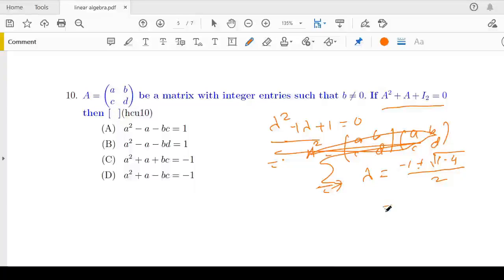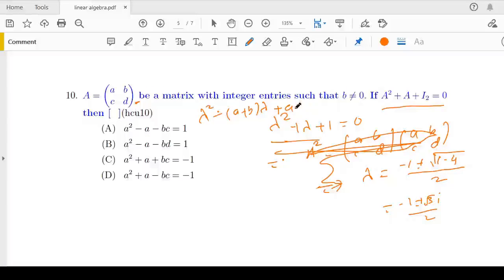Therefore lambda is equal to minus 1 plus or minus root 3 i by 2. Take B common: B into 1 1 1 0 0, D into 0 0, this is 1 1. Now compare this equation with the original characteristic equation. The characteristic equation of this one is lambda square minus (A plus B) into lambda plus the determinant.